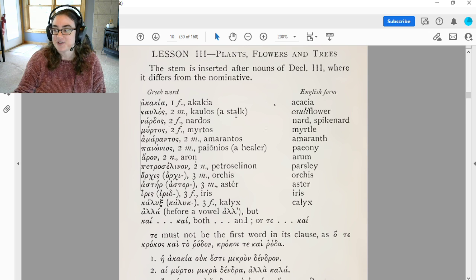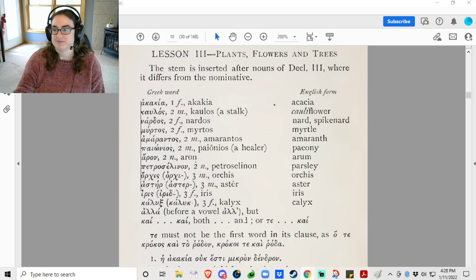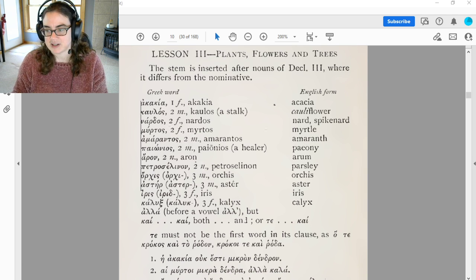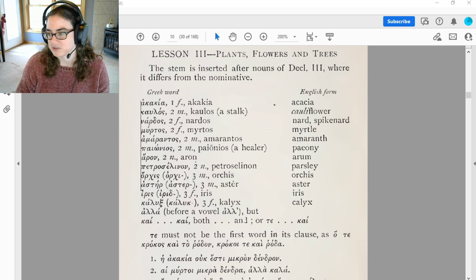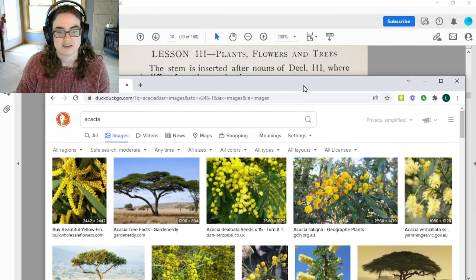Alright. So, anyway, let's go and look at the vocab. So the akakia in Greek. I'm just gonna pull up the old DuckDuckGo, and try and find good images for these because I don't really know what they look like, because I'm not a flower person. So this is what acacia looks like.